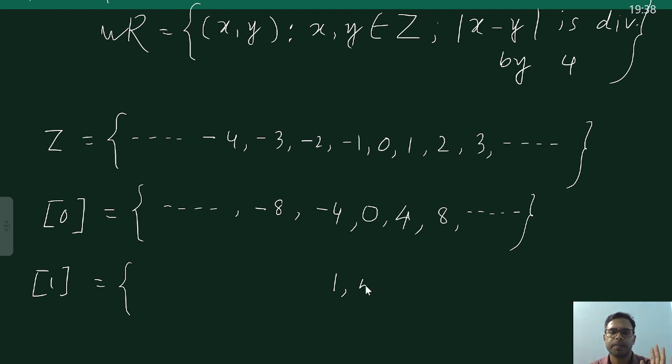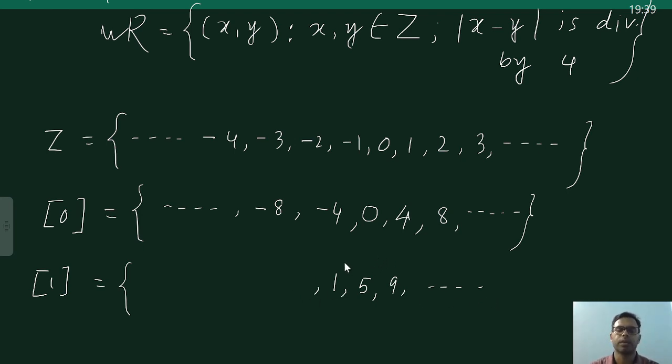In the similar manner 6, 7, 8, 9: 9 will be taken. 8 is not taken because 1 minus 8 is 7 and that is not divisible by 4. 9 will be there because 1 minus 9 is -8, mod 8, and that is divisible by 4. So we take 9, and so on.